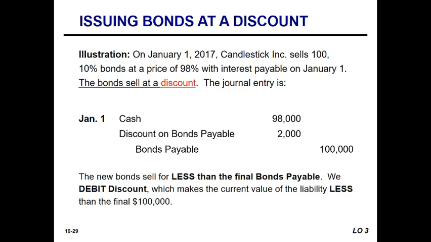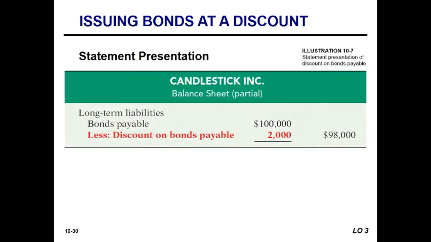To show you how this is represented on the statements, let's take a look at this slide. So here we have Candlestick Incorporated's balance sheet. They have their long-term liability section because these bonds are being held for greater than a year.